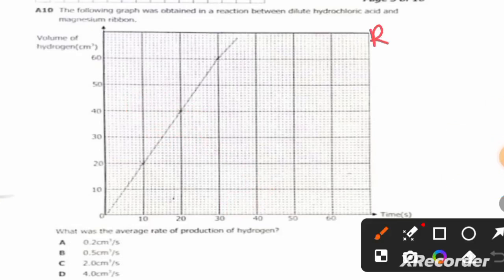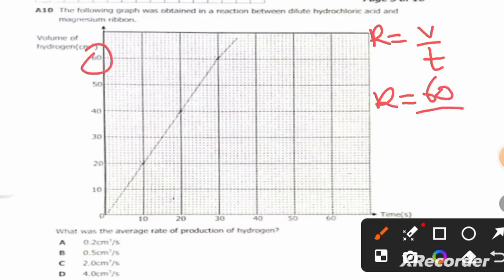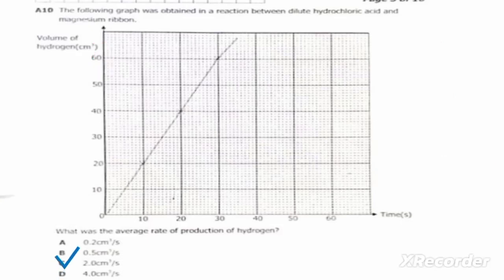So rate is equal to volume over time. 60 divided by 30 is equal to 2 cubic centimeters per second. So therefore our correct answer here is C.